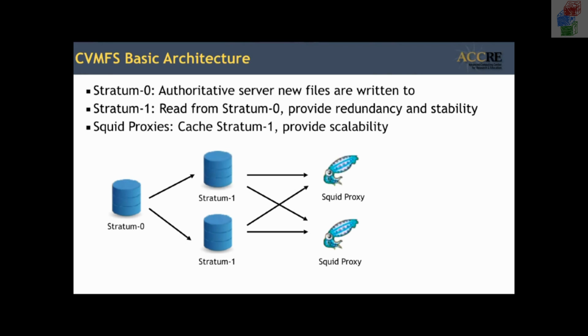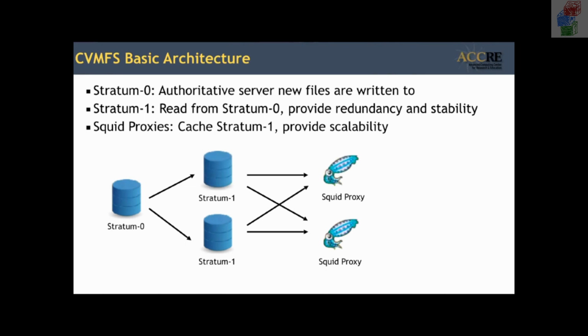This then talks to one or more servers which form a stratum 1. And this is where people will read from the files. This provides redundancy and high availability. If the stratum 0 goes down, you cannot make changes to the file system. You cannot write new files and directories. But as long as there's at least one stratum 1 up, then all clients can read files as necessary.